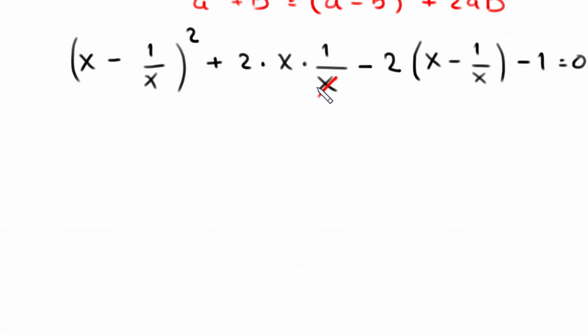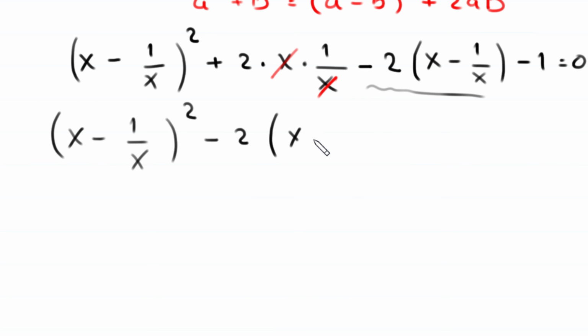Now this x will be cancelled out with this x, and we are left with (x minus 1 over x) whole squared minus 2 times (x minus 1 over x), and 2 minus 1 will become plus 1 equal to 0.